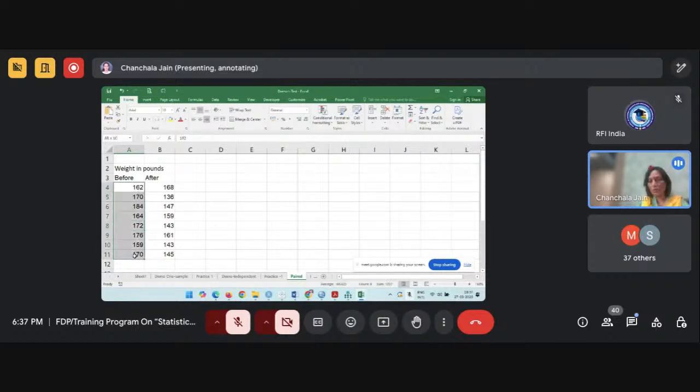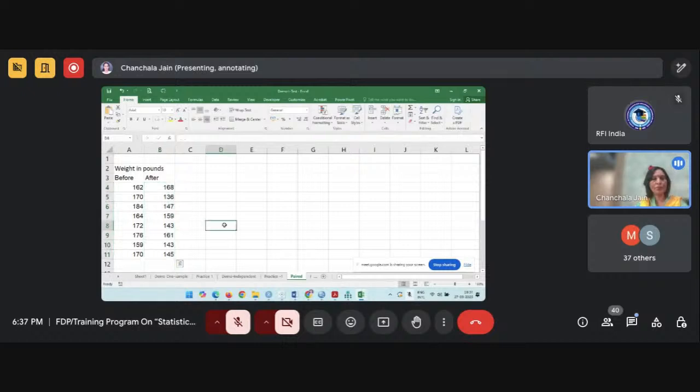So around 8 people have opted for this. Before opting for the diet plan, the weight of the individuals is mentioned in the first column named before, and after opting for this, after a certain number of months, the weight was taken again for those people, and the weight obtained is mentioned in the after column. It is clear?